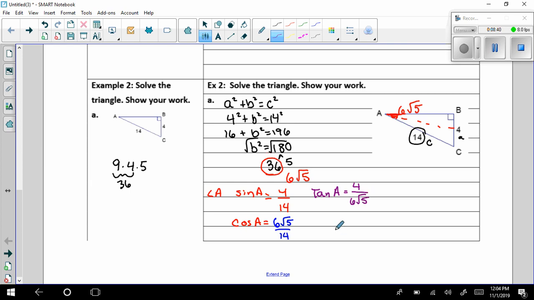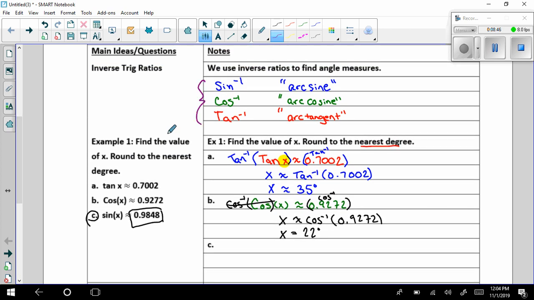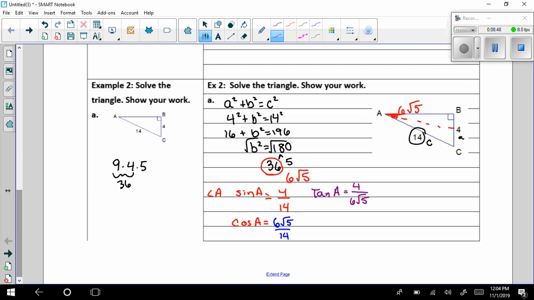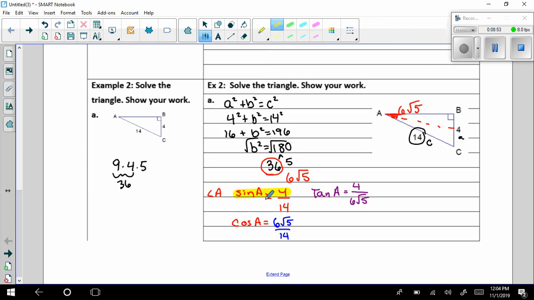Well, I want to solve for A, which means I'm going to use my inverse functions up here. I take a look at these, and sine, with its whole numbers and no radicals, is going to be the easiest one to solve.